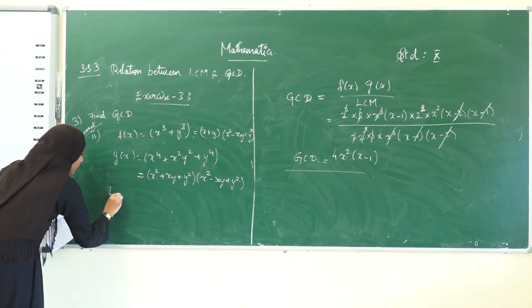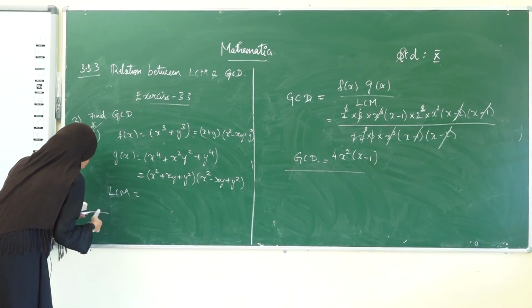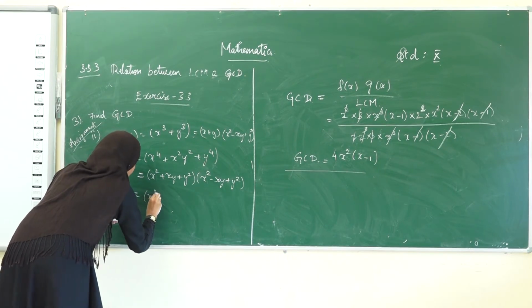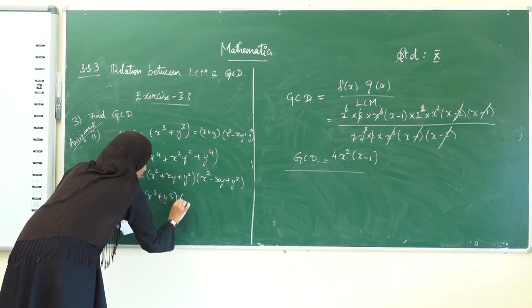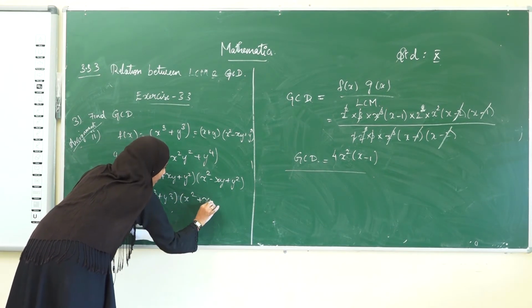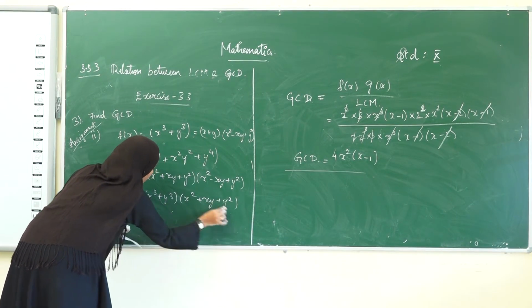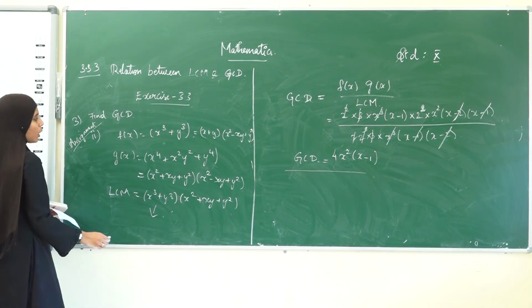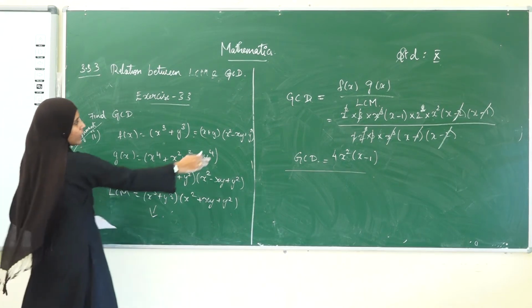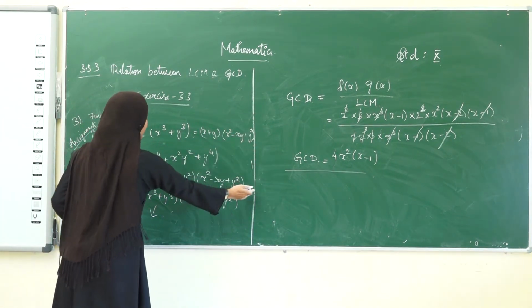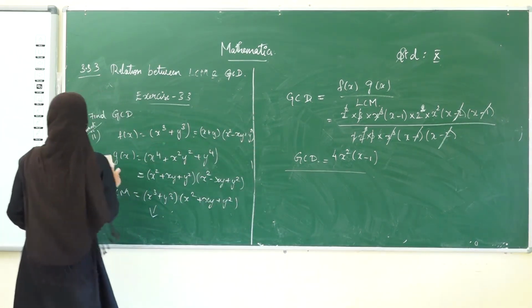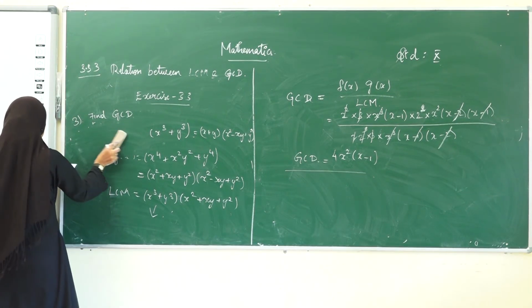They have given the LCM as x cube plus y cube into x square plus xy plus y square. You can expand this, and substitute these three values in this formula. You will get the required GCD. So this is the assignment.